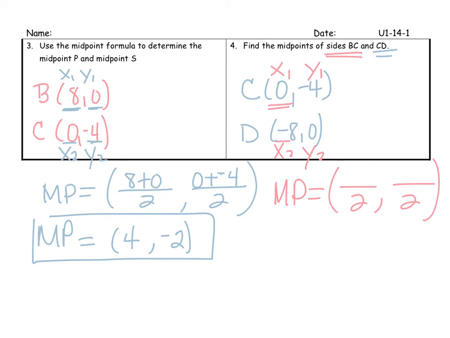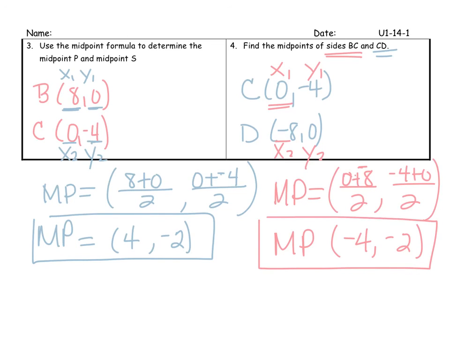My x values are 0 and negative 8. And my y values are negative 4 and 0. When I add those together and divide by 2, 0 plus negative 8 divided by 2 is negative 4. And negative 4 plus 0 divided by 2 is negative 2. So the midpoint of side CD is negative 4, negative 2.